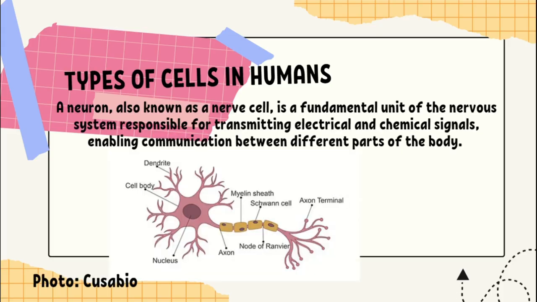Now, the neuron. The neuron is my favorite cell. I don't know why, but ever since I learned about the nervous system, I just love the nerve cell. I love the neuron.